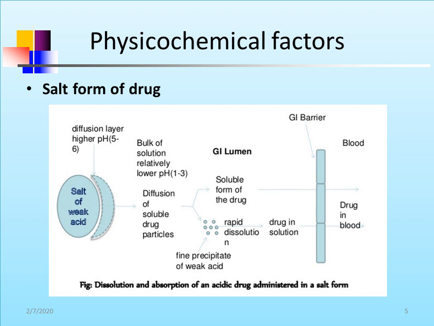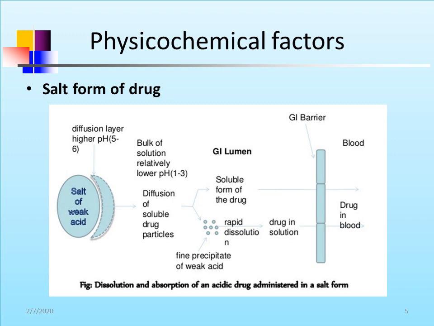Let us see how it improves the dissolution or the solubility. Look at the figure. When the salt of a weak acid is prepared with a strong base and kept in the bulk of solution, there is a formation of a stagnant layer.